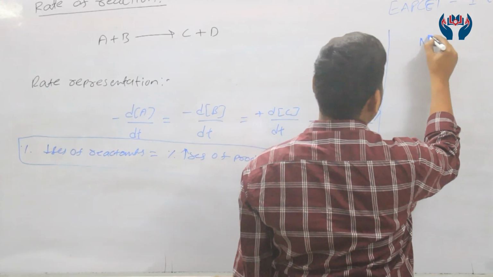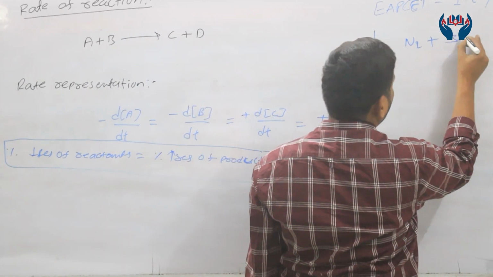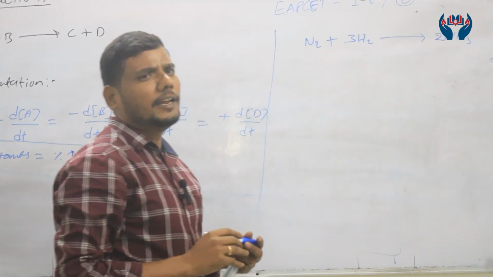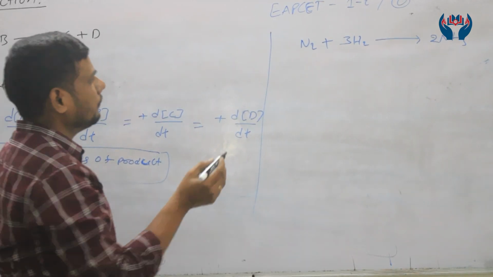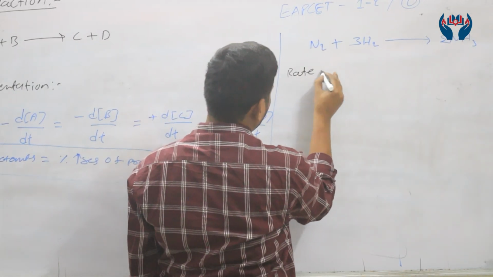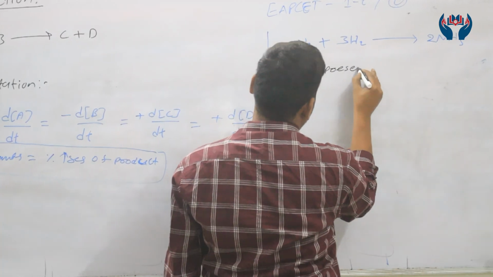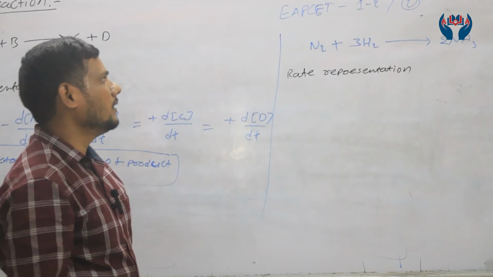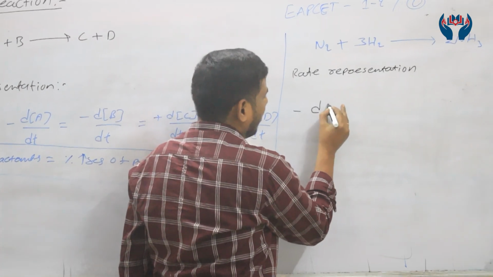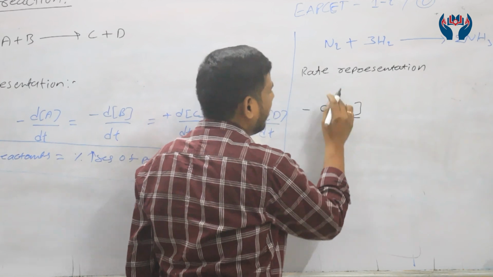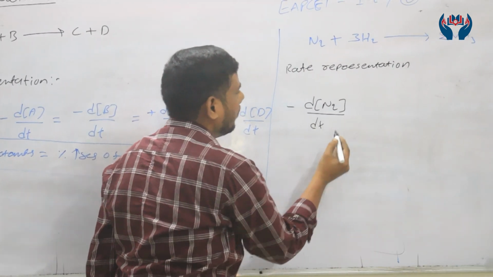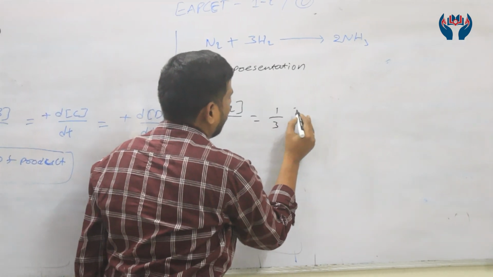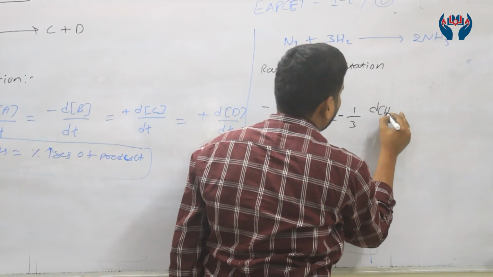take the same reaction, ammonia formation: N2 plus 3H2 gives rise to 2 moles of NH3. Then the rate representation equals the rate representation. N2 and H2 are reactants. That means the reactant concentration decreases: minus d of N2 by dt equals, with stoichiometric coefficient 3, minus 1 by 3 d of H2 by dt.